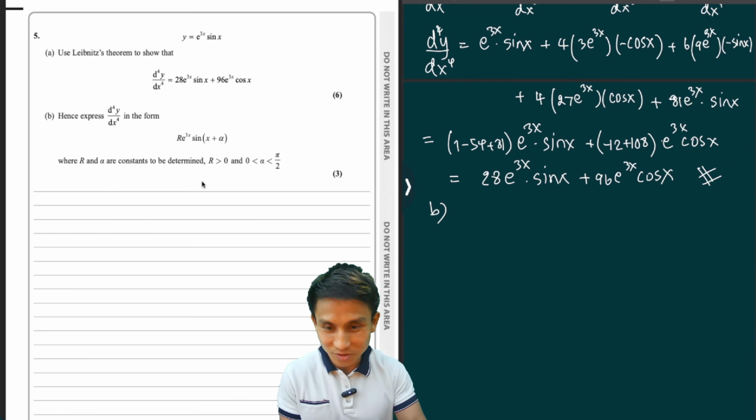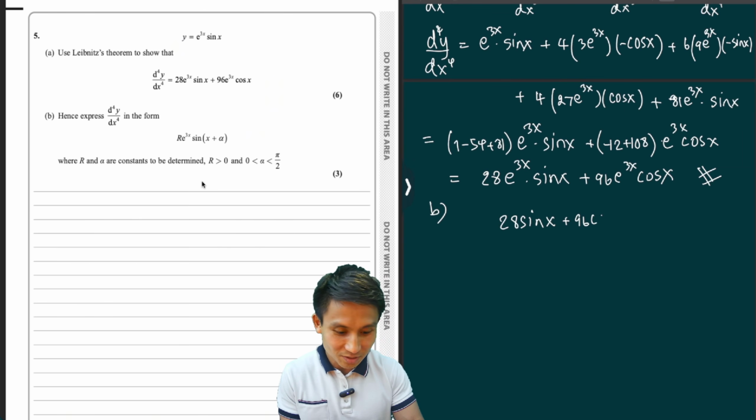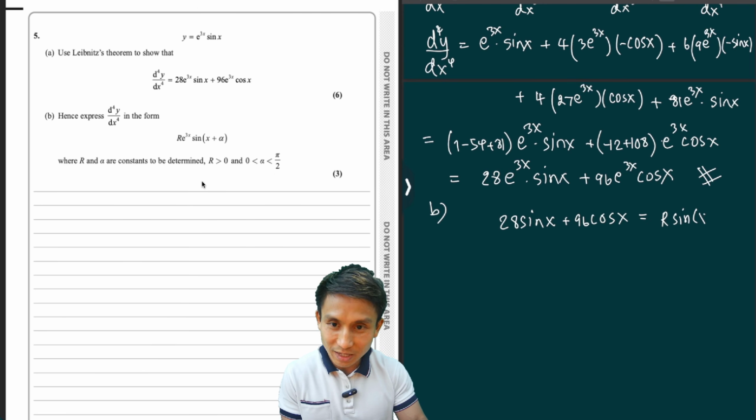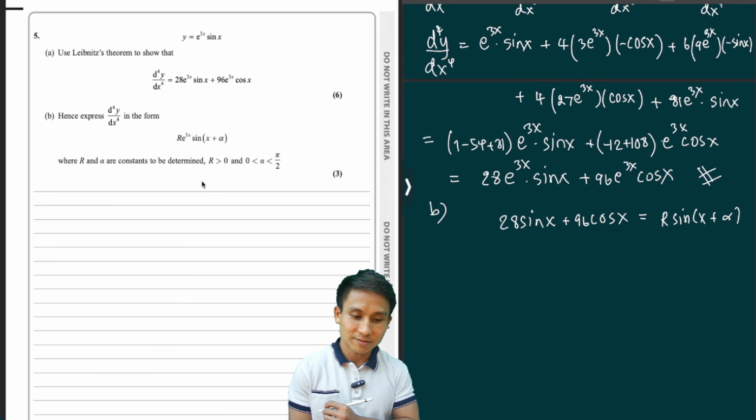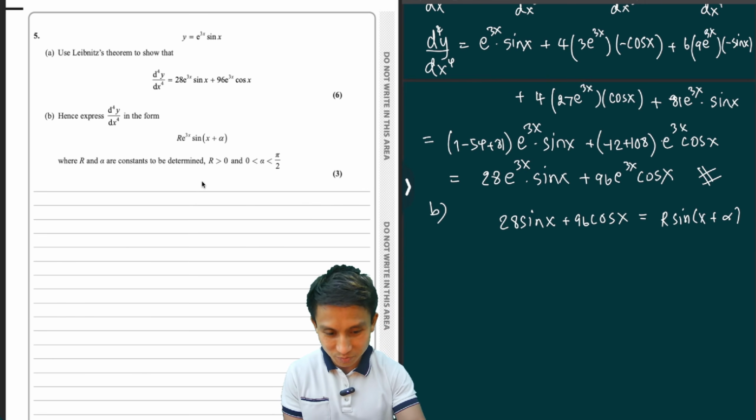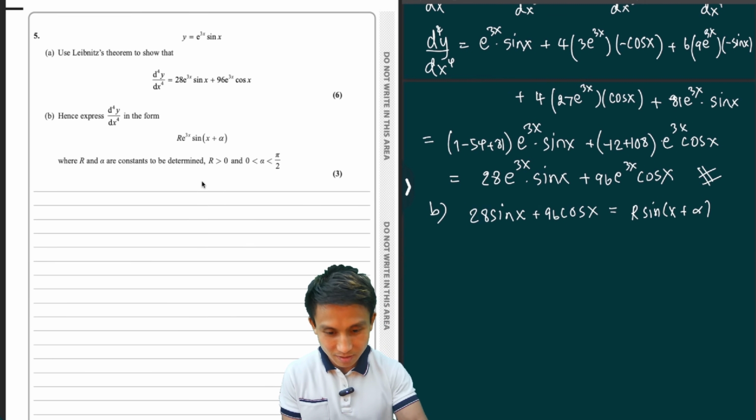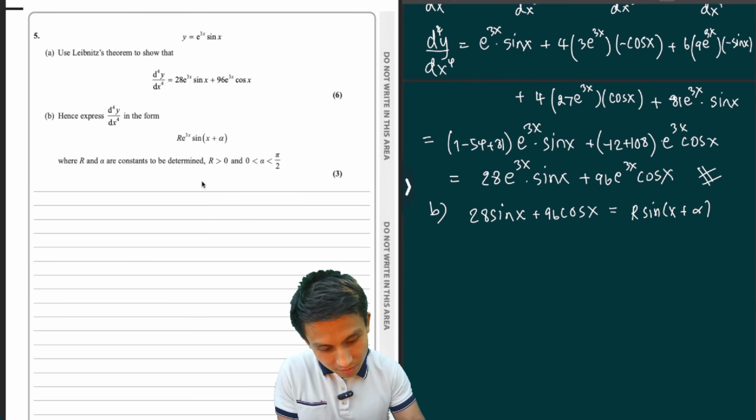Yeah, sure. So we're just going to put 28 sine x plus 96 cos x equals r sine of x plus alpha, right? Just that. This is pure math.